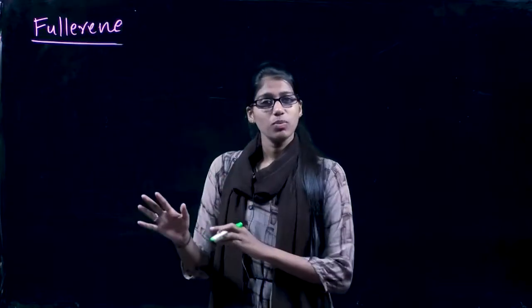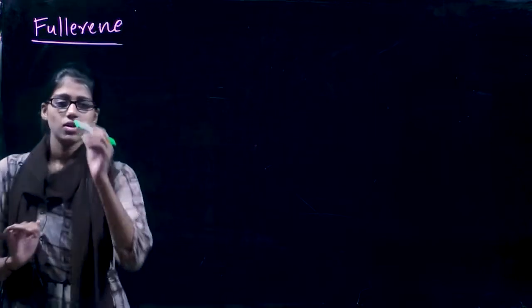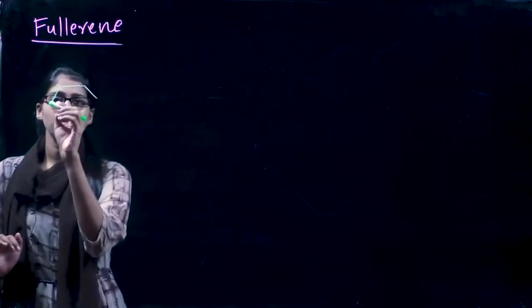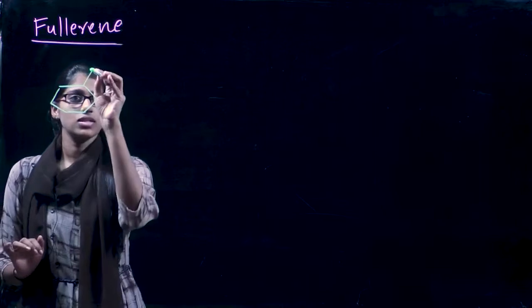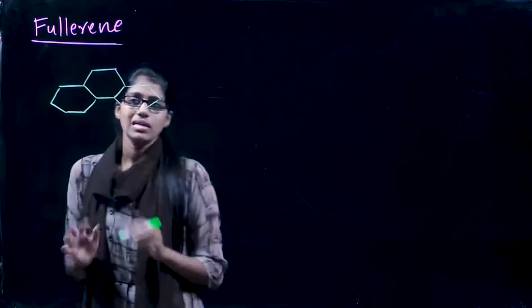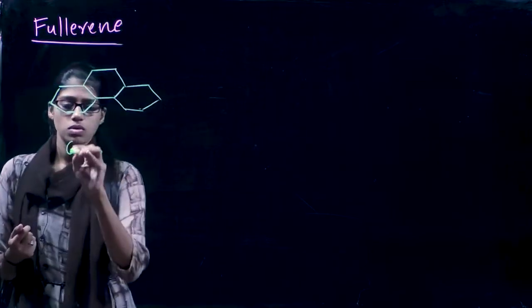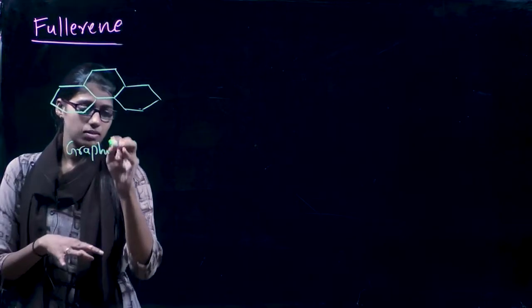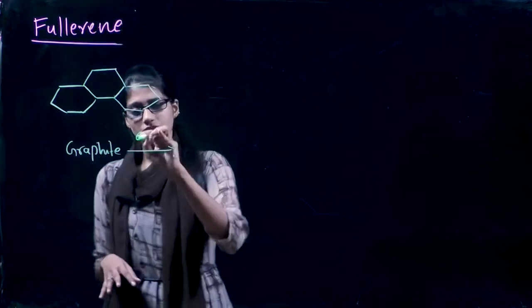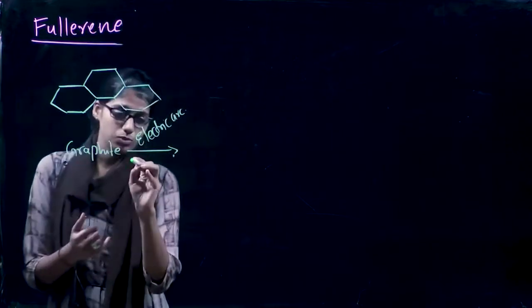So the next allotrope of carbon is fullerene. So we have been discussing graphite. When you look into the structure of graphite, as we have already discussed, they have layered structures. Now let's take the graphite, in the presence of an electric arc and in an inert atmosphere.